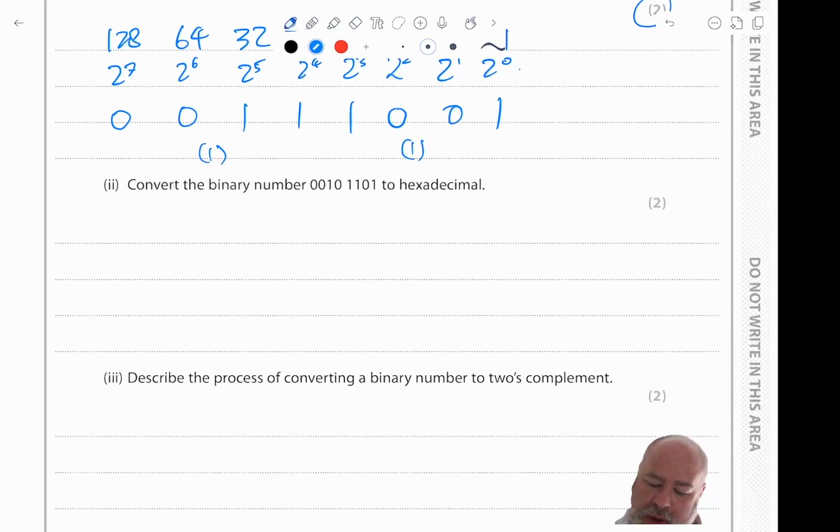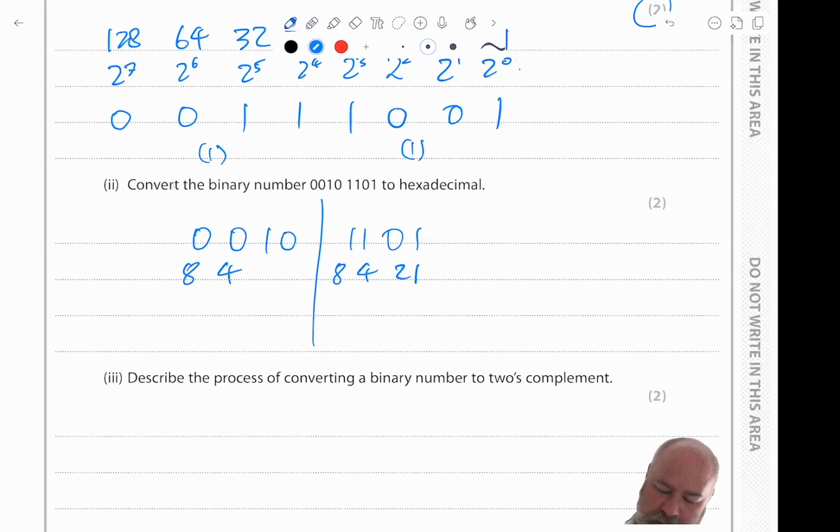Convert a binary number to hex. So 00101101 to hex. Now notice how I split it in 2, because this is the trick. 8421, 8421. That's a 2. That's 8 plus 4 is 12, 13. Now A equals 10, B equals 11, C equals 12, D equals 13.